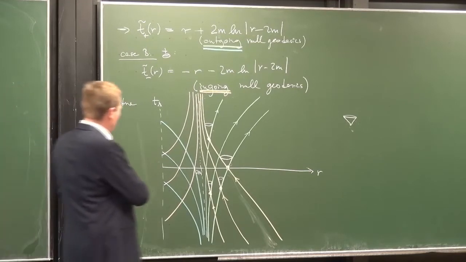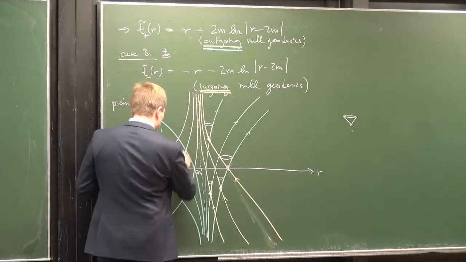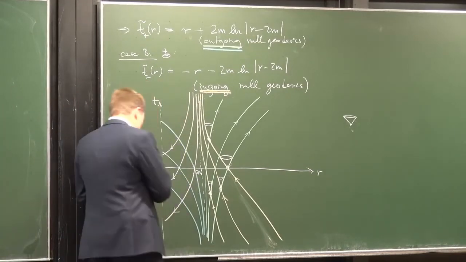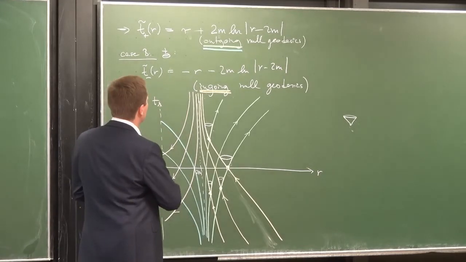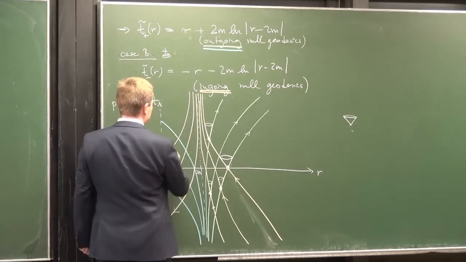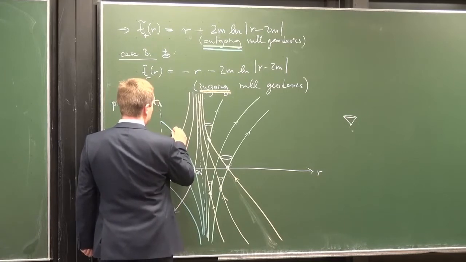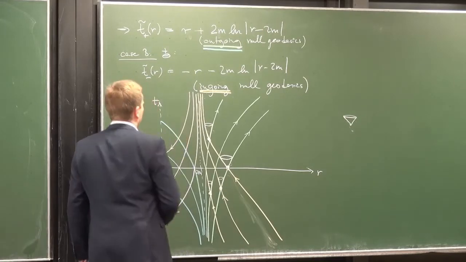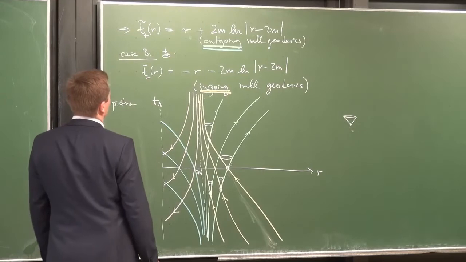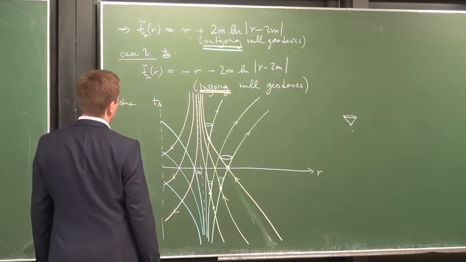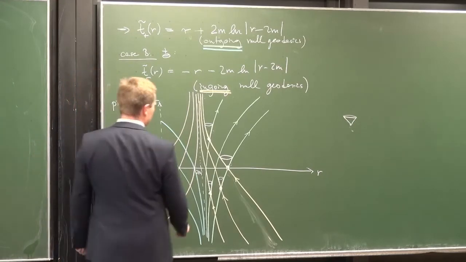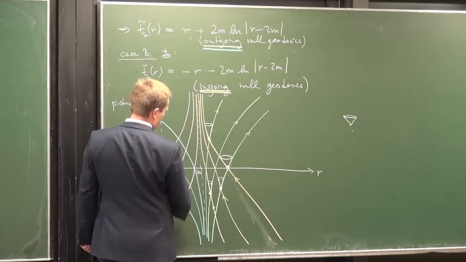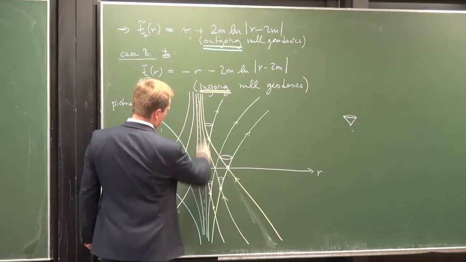So the infalling ones, these guys actually run in this direction, and the blue ones are the outgoing ones in this inside direction. They run like, hang on a second, they're the ingoing ones. No, it's right, I think. This one runs like, hang on a second, they run up here, down here.